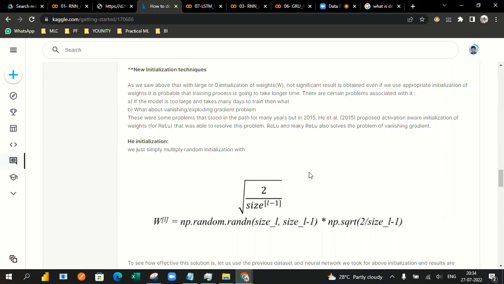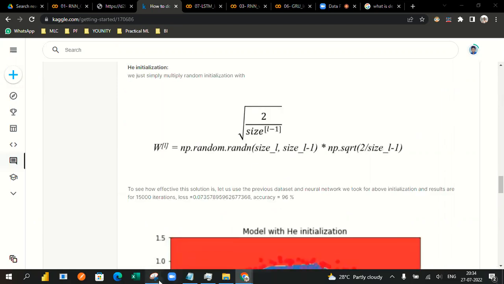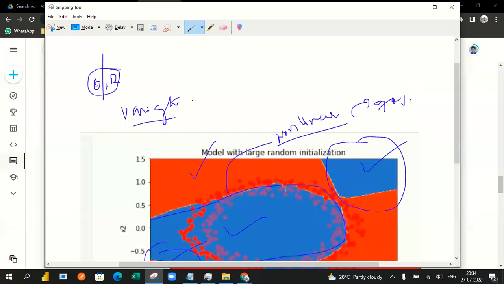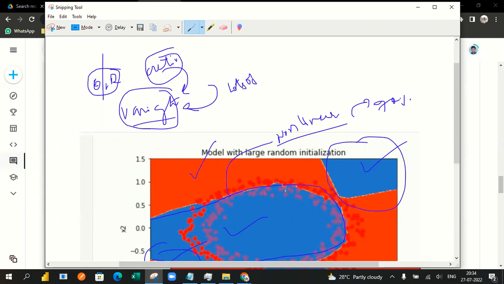So this is going to be helpful with something called the vanishing gradient problem also. When we learn about some of the activation functions, I will tell you what the vanishing gradient problem is and how it occurs. But as of now, you can say this vanishing gradient problem occurs because of lots of zeros, or you can say more weights are zeros. That's how we have to avoid vanishing gradient problems.